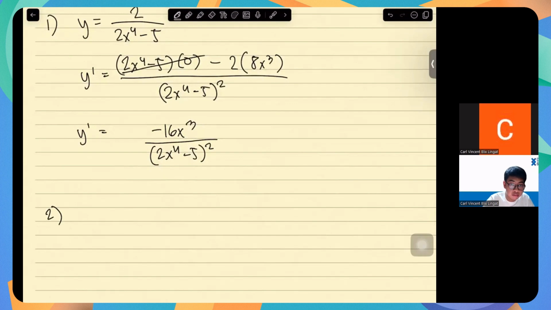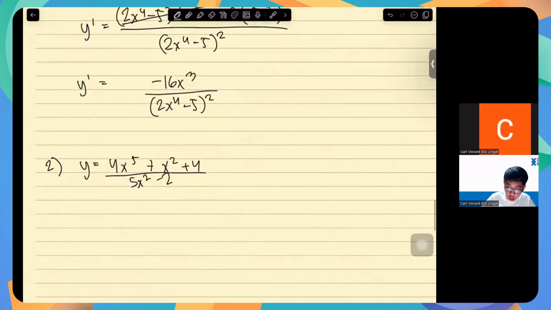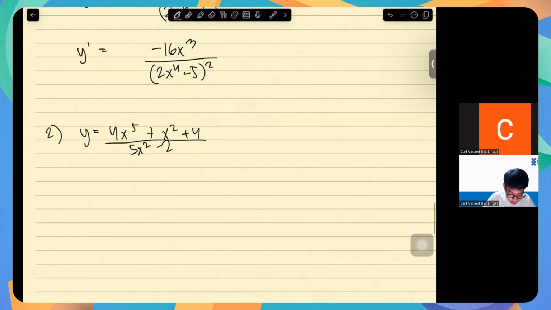Number 2, we have y equals 4x raised to 5 plus x squared plus 4 over 5x squared minus 2. Again, low, so we just copy low. Low d high minus high d low over low squared, just a reminder.